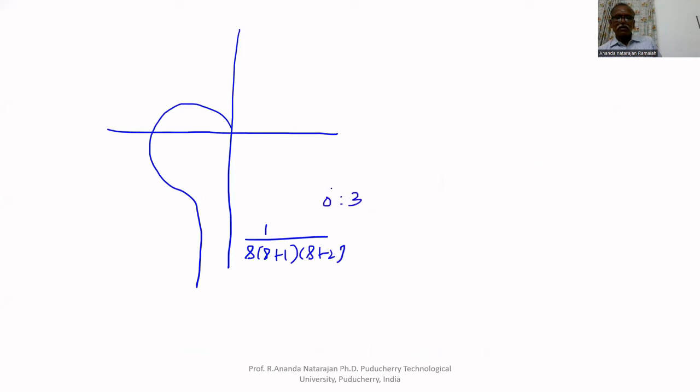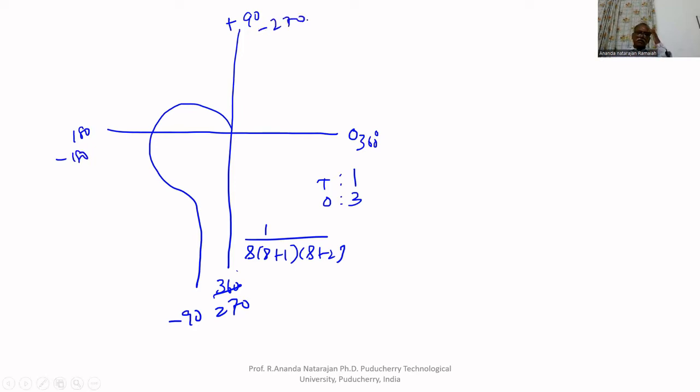Order is 3, type number is 1. 0 degree, 180 degree, 270 degree, 360 degree. Or you can say that minus 90, minus 180, minus 270. Like that we can say.